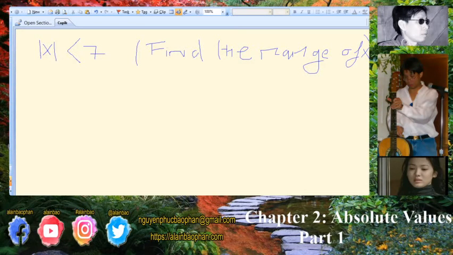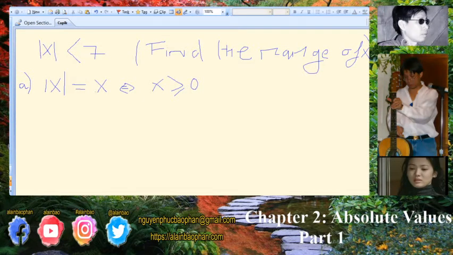You need to break it down into two equations, right? Always break it down. The absolute value of x will be equal to x if x is greater than or equal to 0. Okay, that's the first case.